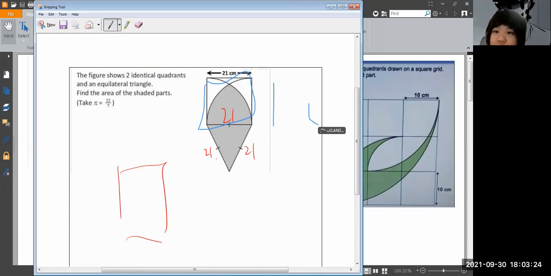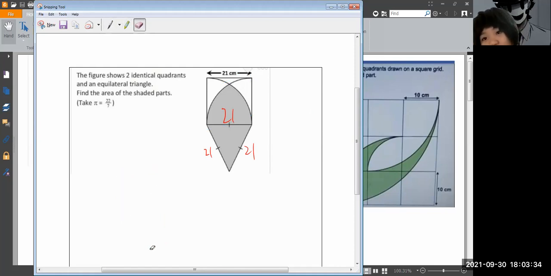Isn't it supposed to be 21 times 21 divided by 2? The height is not 21, right? The area of a triangle is half times base times height, but over here the height is not given.